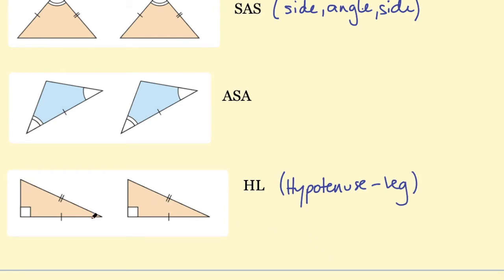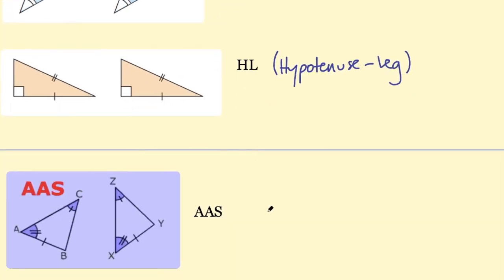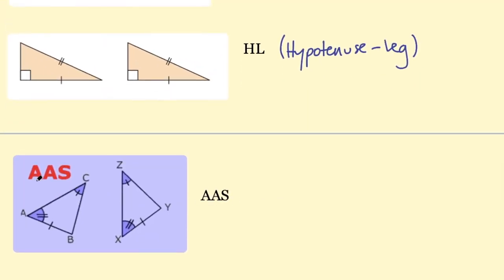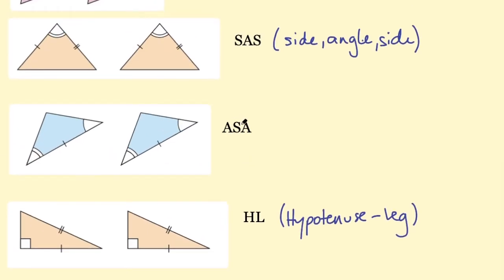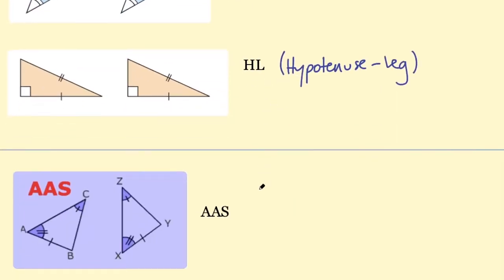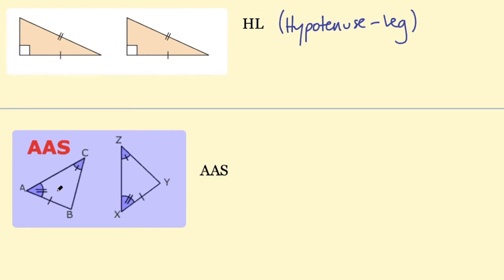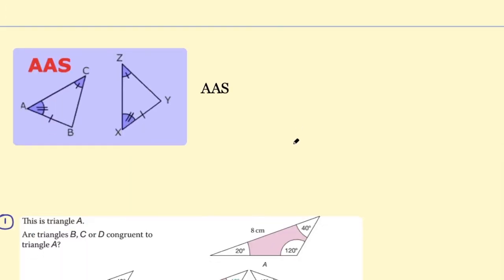And so the hypotenuse and one corresponding leg have to be equal there. And the last test is angle, angle, side, similar to angle, side, angle, but just in a different order. So if you have two corresponding angles equal and then the corresponding side is equal, then you know that the triangles are congruent. Okay, so let's have a look at some examples.